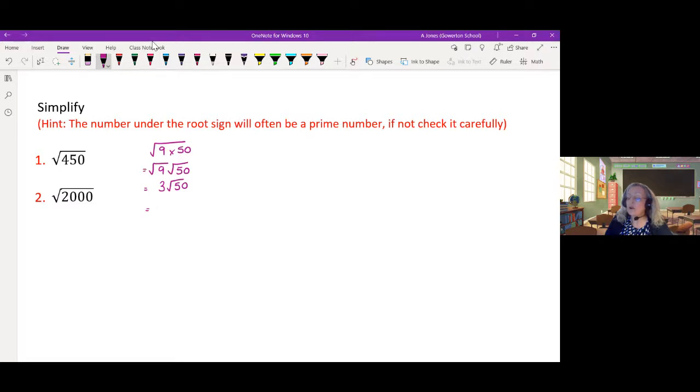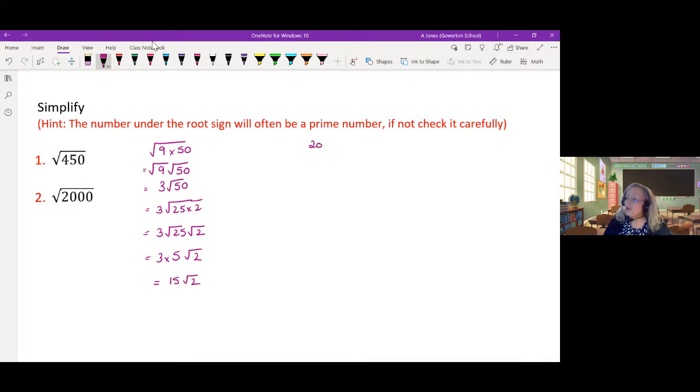So with this one, I'm going to have 3 root of 25 multiplied by 2. Splitting this down again, I get 3 root 25 root 2. So this is 3 multiplied by the root of 25 is 5, and then I've got the root 2. So this one is 15 root 2.